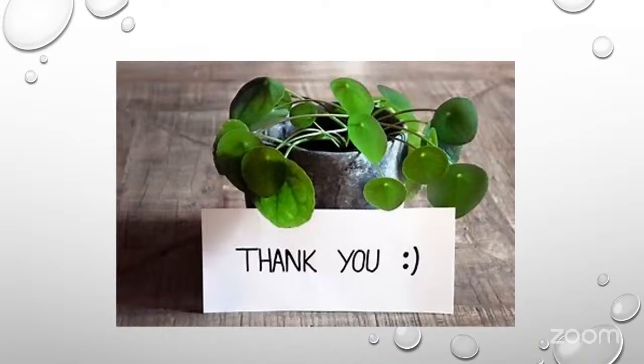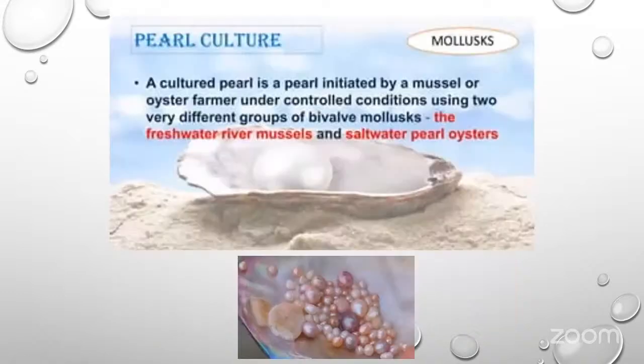So hope you have understood, students. So in this, the frequently asked questions are: explain the digestive system of freshwater mussel, explain the circulatory system of freshwater mussel, explain the excretory system of the freshwater mussel, or explain the nervous system of the freshwater mussel, explain the reproductive system of freshwater mussel, or the various steps involved in the formation of pearl culture in the industry of pearl culture.